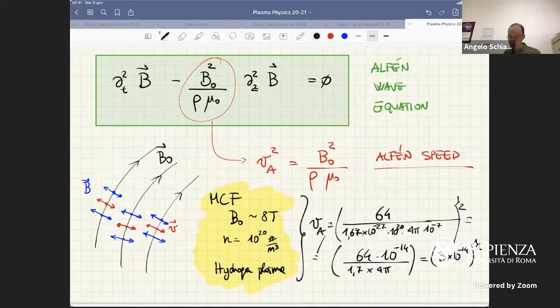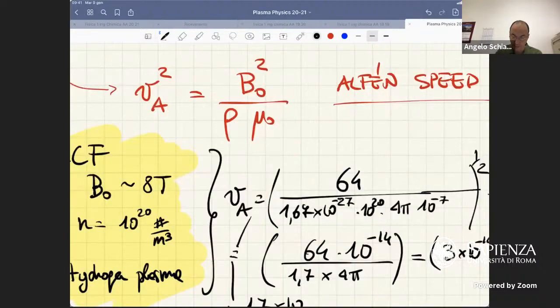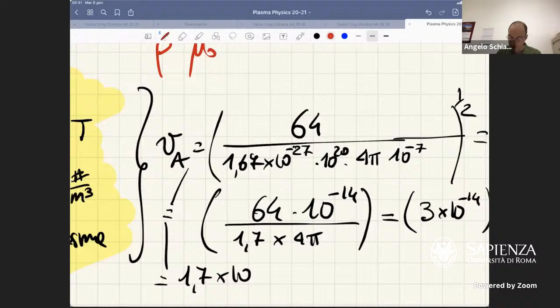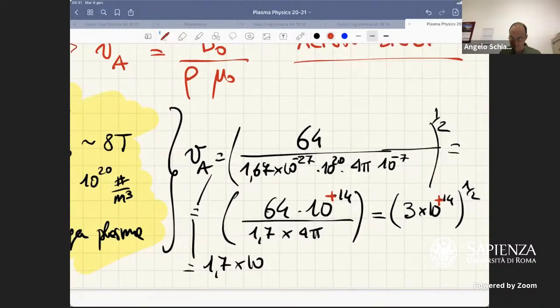So the square root of 3 is 1.7 times 10 to the, actually, sorry, you didn't correct me, but since it was at the denominator, it is 10 to the 14th. So we have 10 to the 7th here.